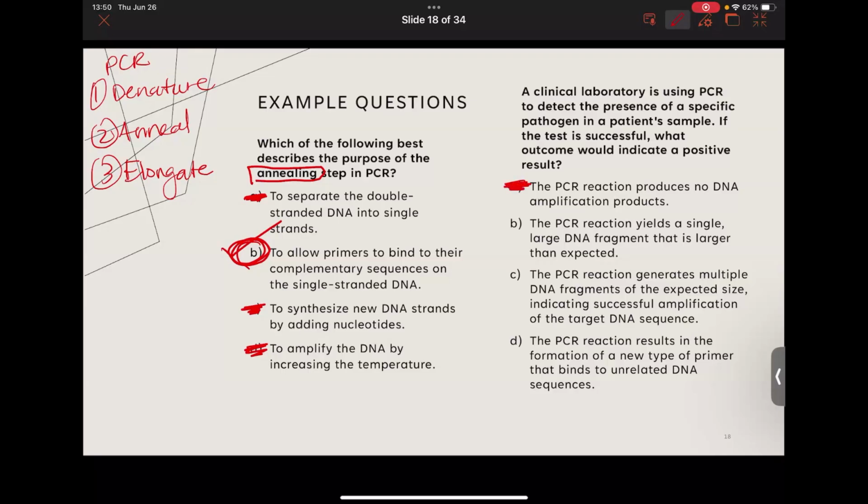The PCR reaction yields a single large fragment that is larger than expected. No, you're making exact copies of what's already there. The PCR reaction generates multiple DNA fragments of the expected size. Yes, you'll be doing it over and over again, making many copies, indicating successful amplification. Yes. The PCR reaction results in the formation of a new type of primer. No, we're just making copies of what is already there and just making a lot of them.